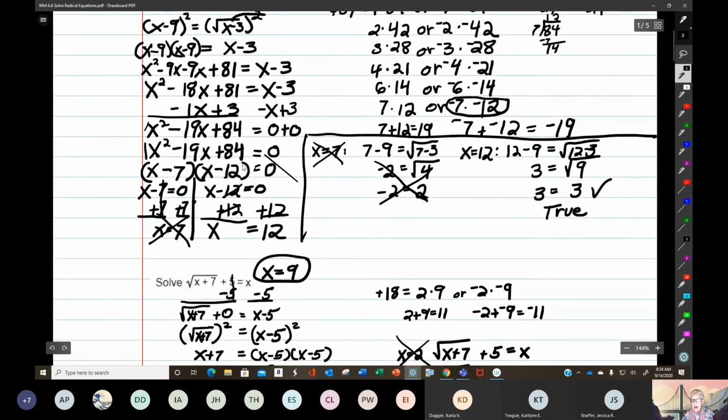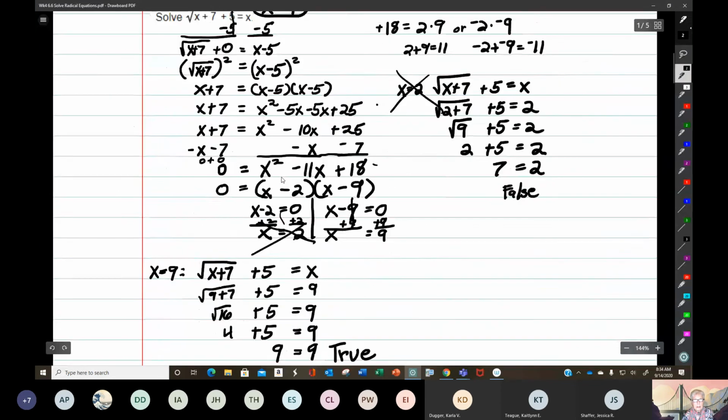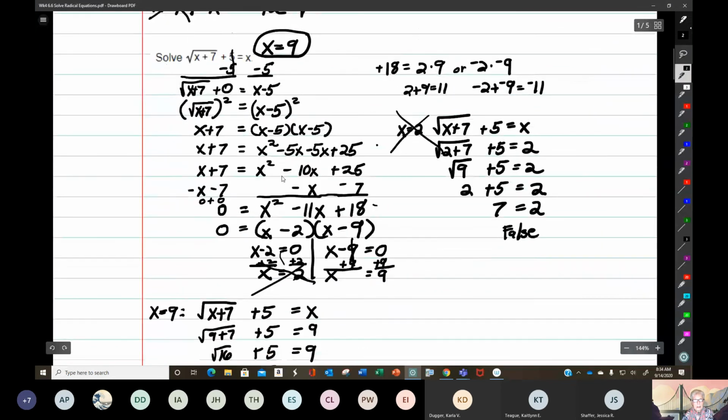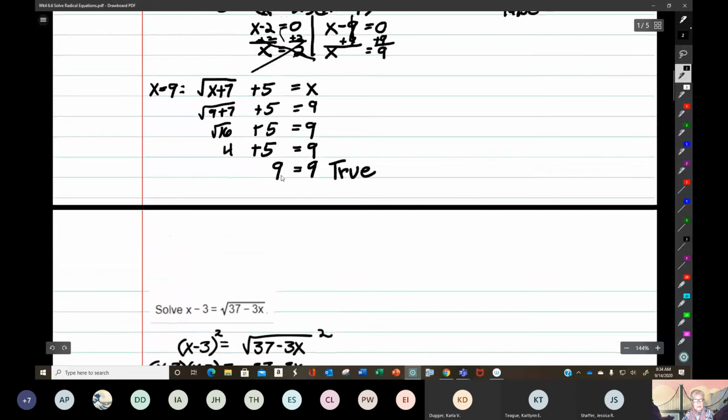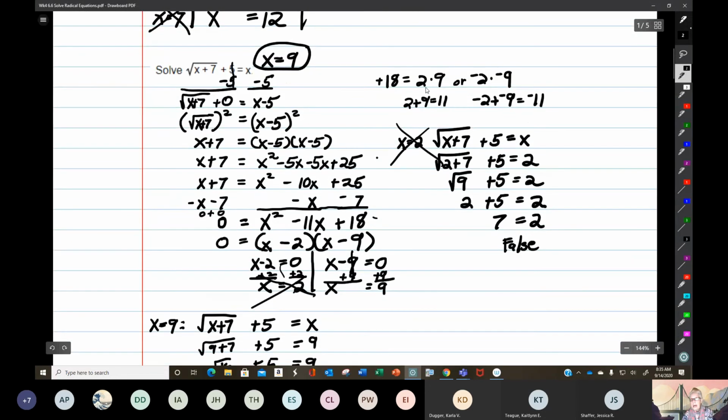Now this is not exactly like the problems we had before, because both of these problems ended up with positive constants, plus 18, so that when I factored, I would factor two positives times each other or two negatives times each other because this was positive.